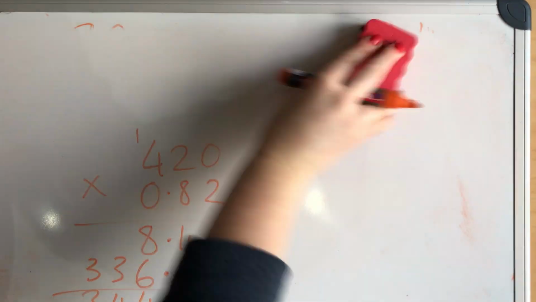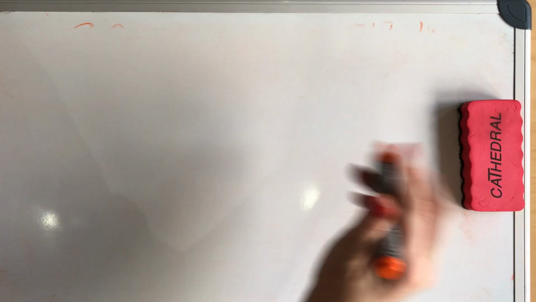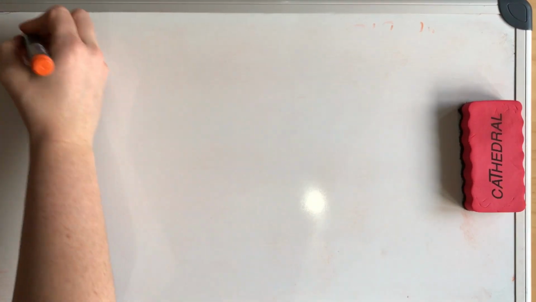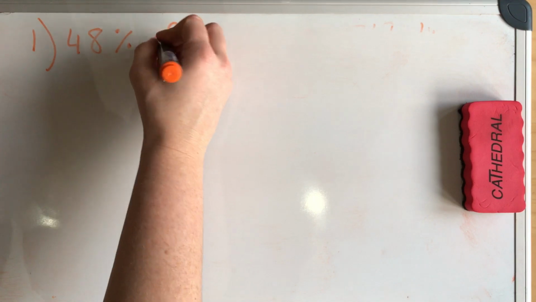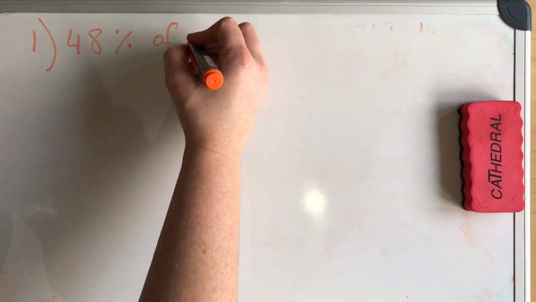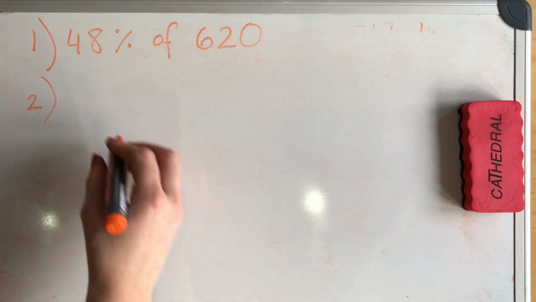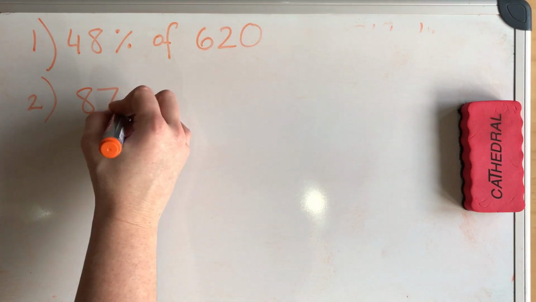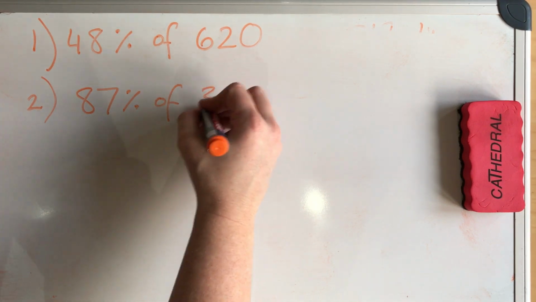Okay, so now it's your turn. I would like you to do for number 1, 48% of 620. Number 2, 87% of 320.